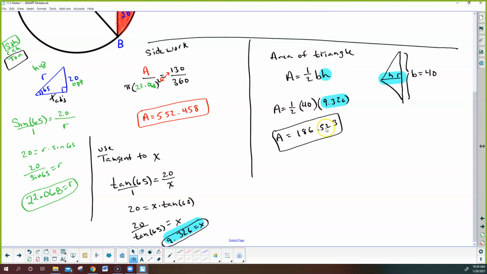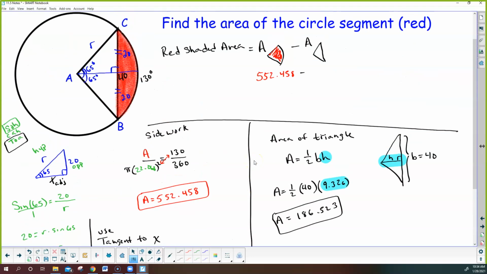So we found the area of the triangle. We found the area of the red sector. Now we just have to subtract them. So you can see why we did this problem. We wanted to review SOHCAHTOA, right? That's what made this problem challenging. And then my final answer, whatever these two are, subtracted.